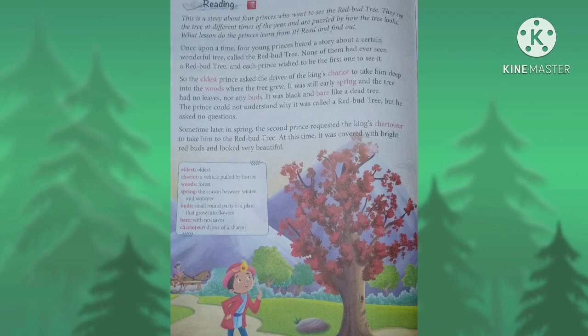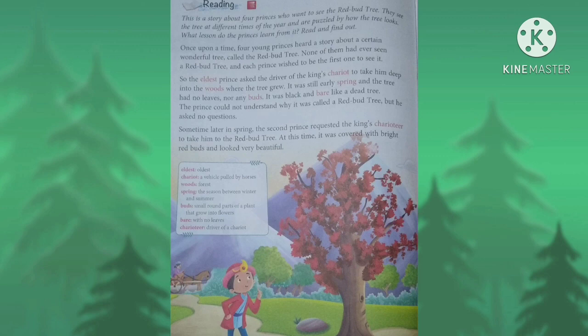It was still early spring, and the tree had no more any buds. It was black and bare, like a dead tree. The prince could not understand why it was called the red bud tree, but he asked no questions.